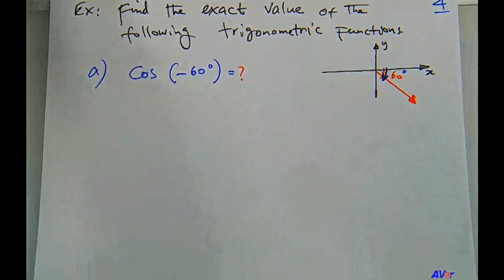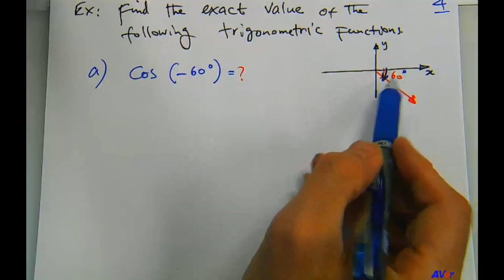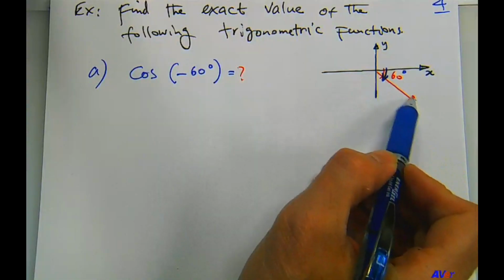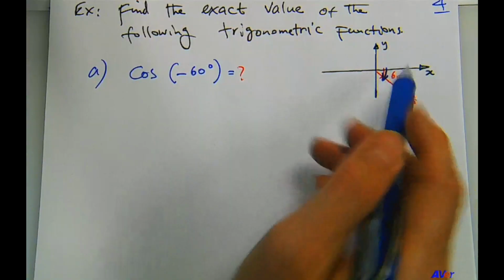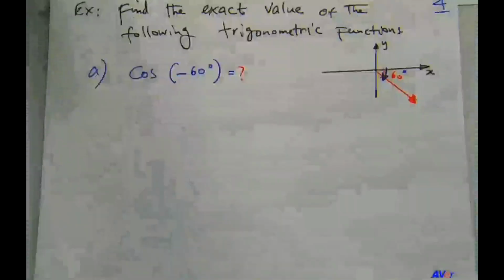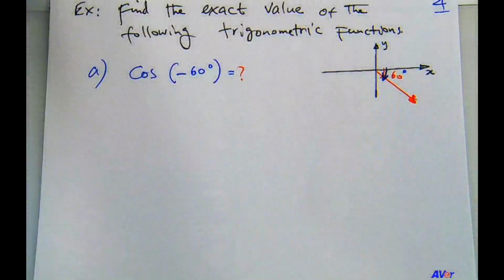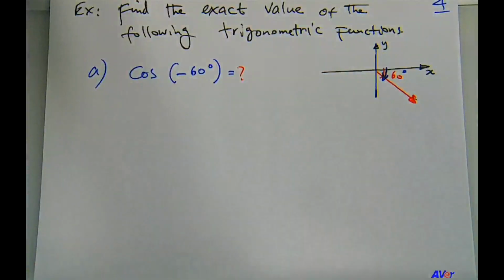Okay, so the reference angle for this, which is the angle between the terminal side and the x-axis, is 60 degrees, right? It's positive 60 degrees, and we have a special table of values for that, and it's going to be in the fourth quadrant, right? So we make a note of that.